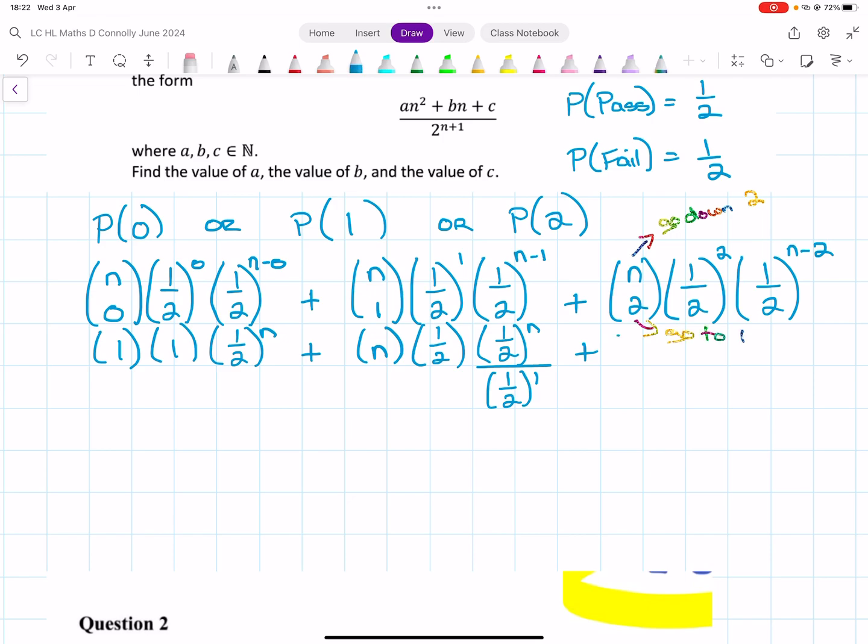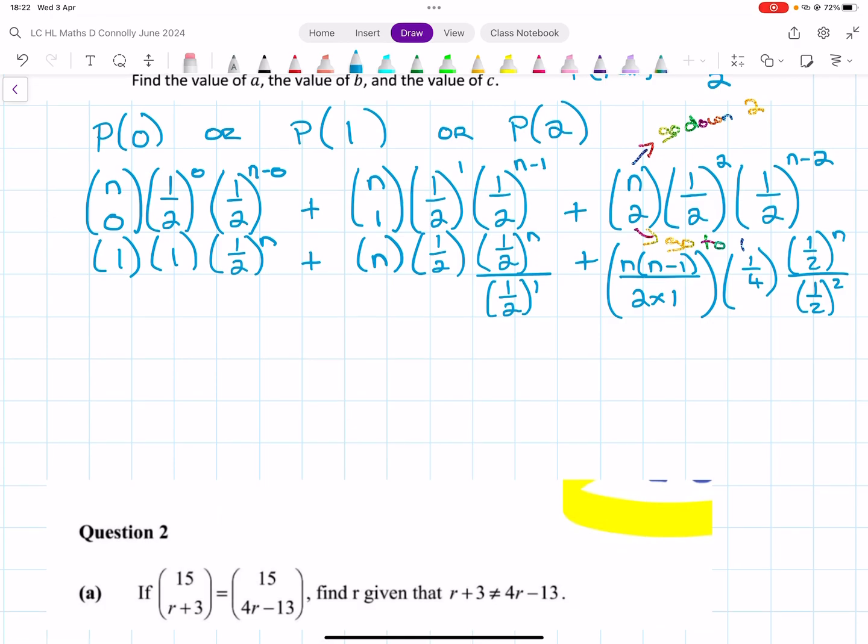So you would do n times n minus 1, that's the first, that's the second, and then 2 times 1. Half squared is a quarter. And then this one is going to be the same. It's going to be a half to the n over a half squared, because the minus becomes a divide.